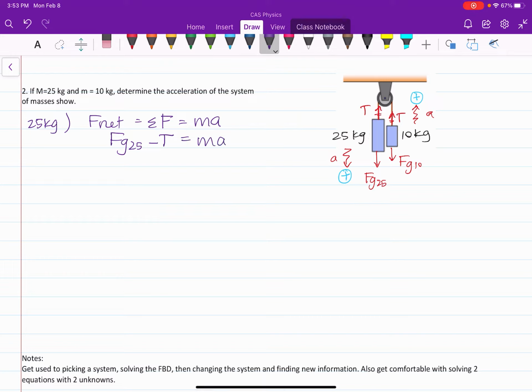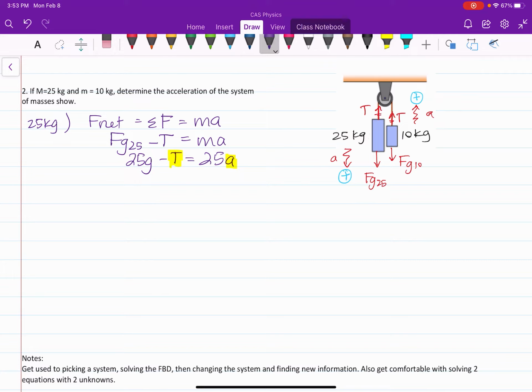Subbing in stuff that we know, Fg of 25 is just going to be 25g minus T equals 25a, right? And again, we're down to what we don't know. We've got tension and acceleration as my two variables.